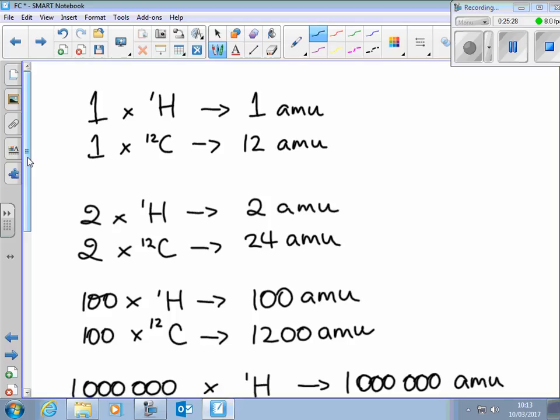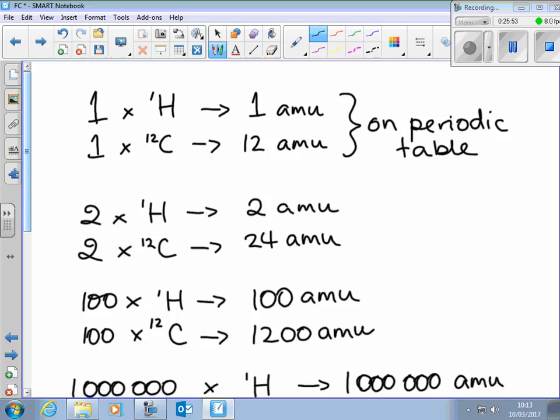One atom of hydrogen 1, that's the isotope, has a mass of 1 atomic mass unit. That's what you see on the periodic table. When you get the mass number on the periodic table, that's what's being recorded, the mass of 1 atom. The mass of 1 atom of carbon-12 is 12 atomic mass units.